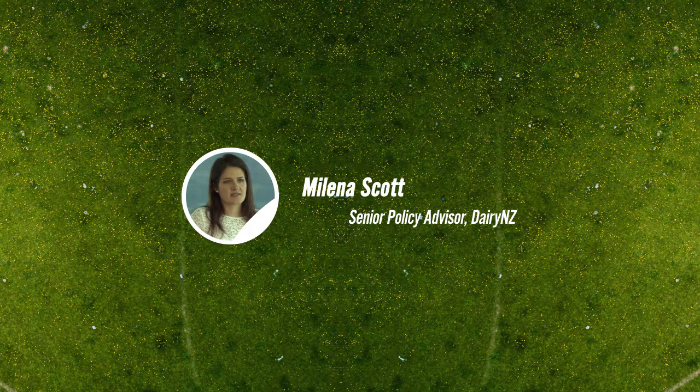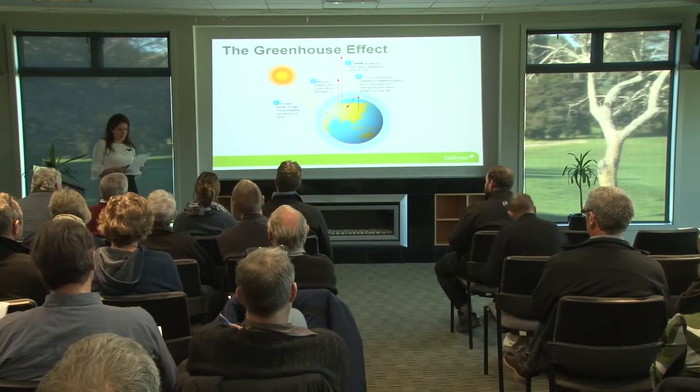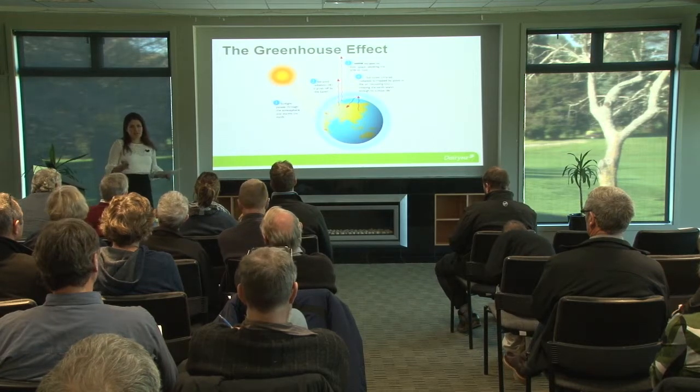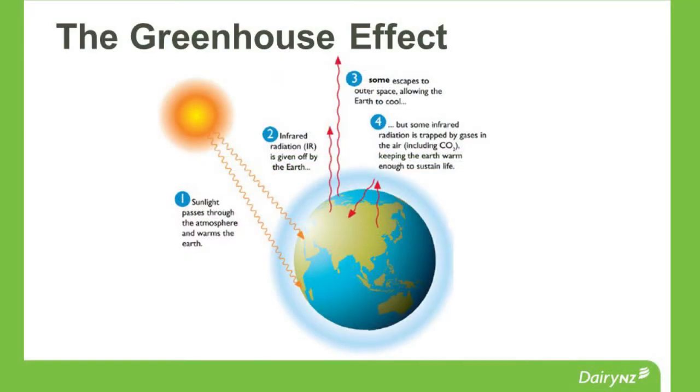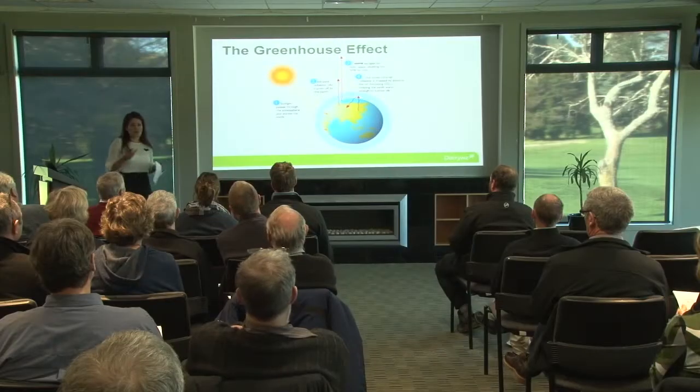So I wanted to start off today by firstly just talking about the greenhouse effect, which is sort of the underlying principle that we have for what is driving our climate. When the sun's rays reach the Earth, about half of the energy is either reflected back from reflective surfaces such as clouds or particles in the atmosphere, or it's absorbed by the upper atmosphere of the Earth, and then the other half penetrates through and makes it to the Earth's surface.